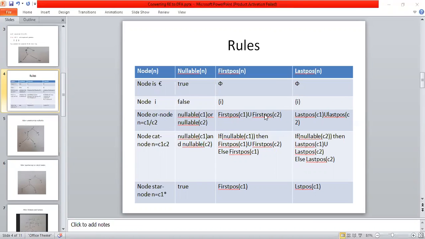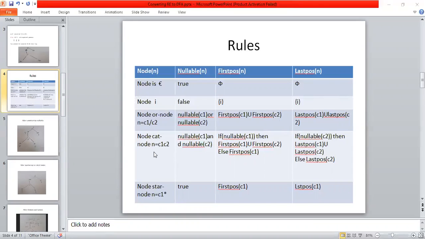Similarly, its last position is calculated as last position of C1 union last position of C2. So remember carefully, if the node is an OR node, its first position is the union of the left child and right child, and its last position is also the union of the left child and right child.